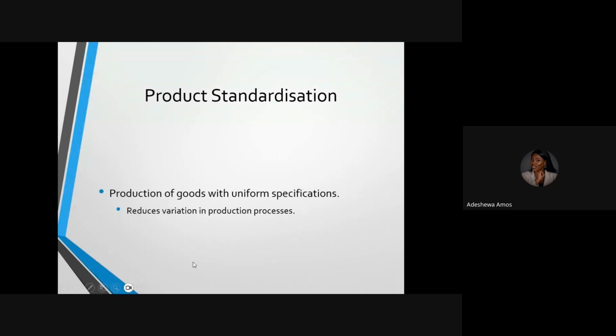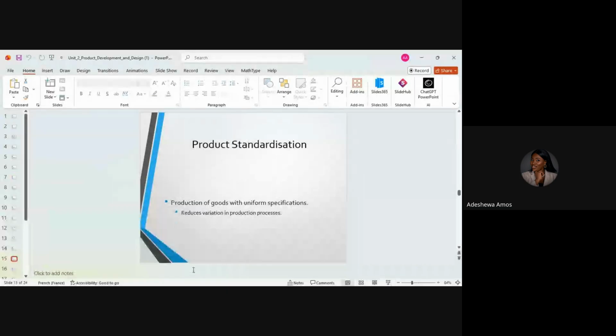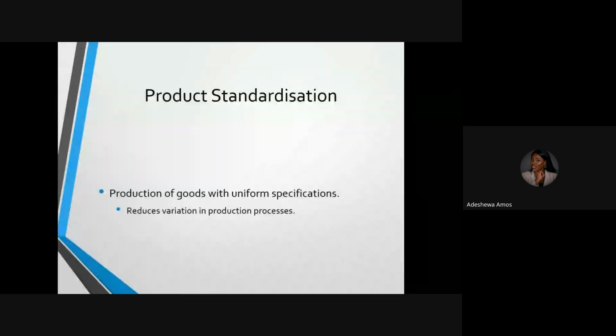So when we talk about production of goods with uniform specification, it means that that particular product, if you take 10,000 of that product, they all look the same.